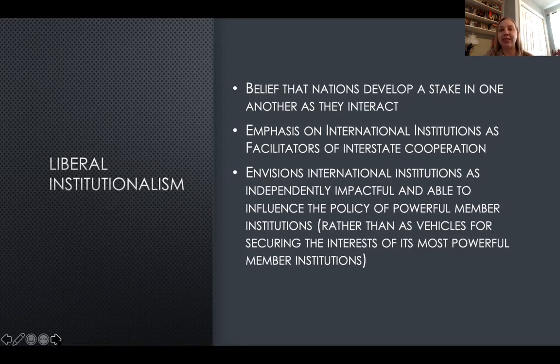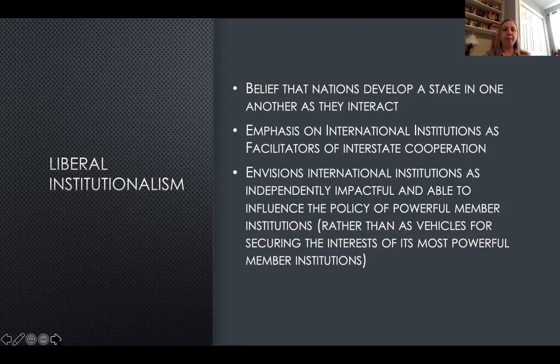Liberal institutionalism has been under debate in the last few years, particularly when we discuss whether or not the United States should be involved in things such as the Paris Climate Accords. So this helps you see where the debate about liberal institutionalism is coming into play in our current political climate.